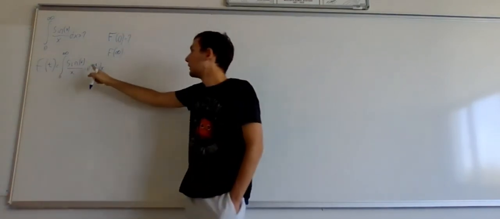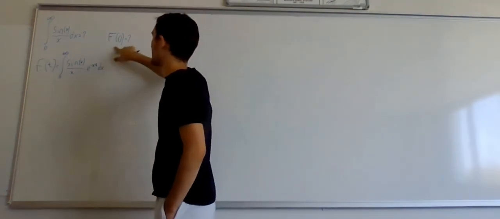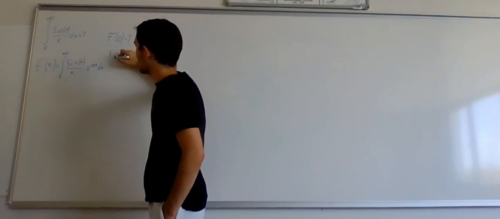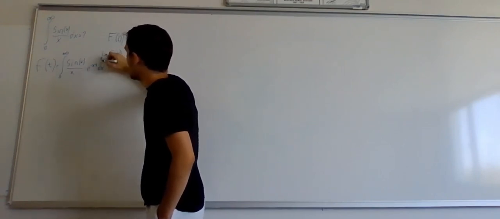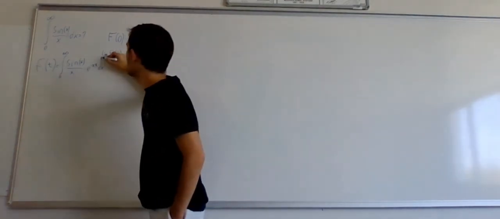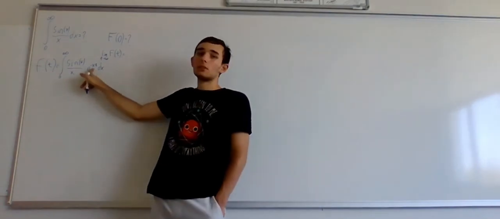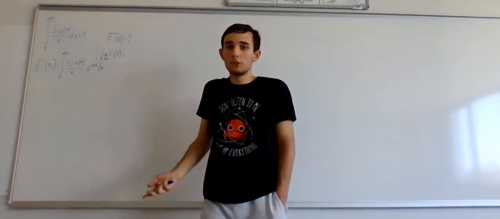If we say f, well, this is actually not the correct way to express it. If we say that f of t as t approaches infinity, we can say that this is just going to be 0, and 0 times anything that's not infinity is just 0.